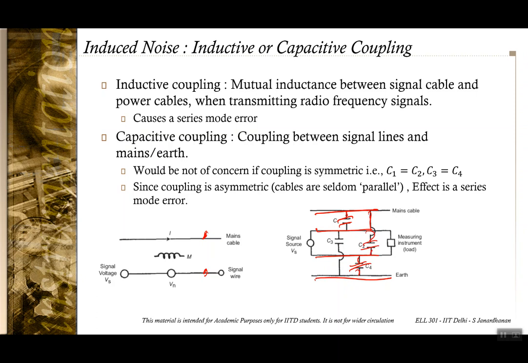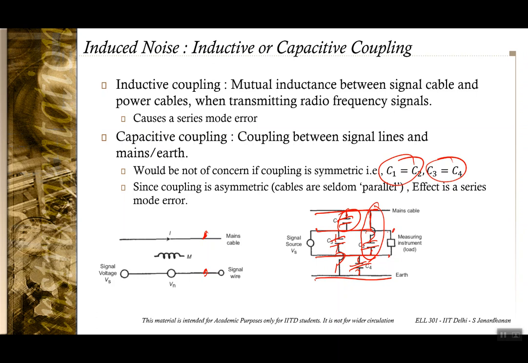As I said earlier, this capacitive coupling taken piecewise is a source of serial mode noise. However, if the coupling is the same at both ends of your measuring instrument, like C1 equal to C2 or C3 equal to C4, then it is not going to cause any effective common mode signal, hence there is no effect.